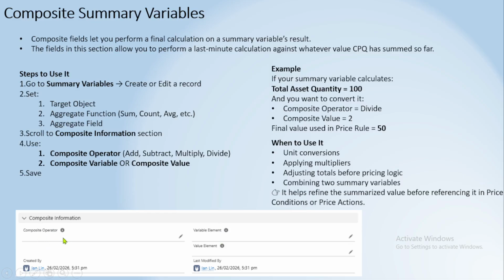You are adding the values of another summary variable. Like here, if the summary variable calculates a total asset quantity of 100 and you want to convert it, for the composite operator you select divide, set the value to 2, and the answer will be 50.